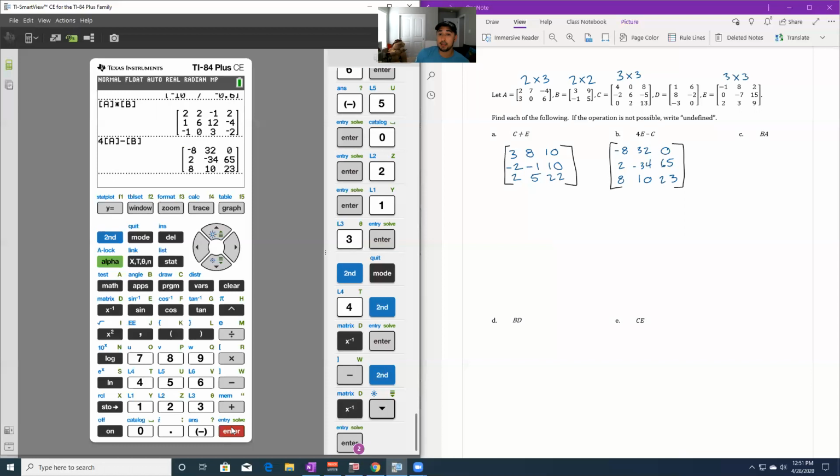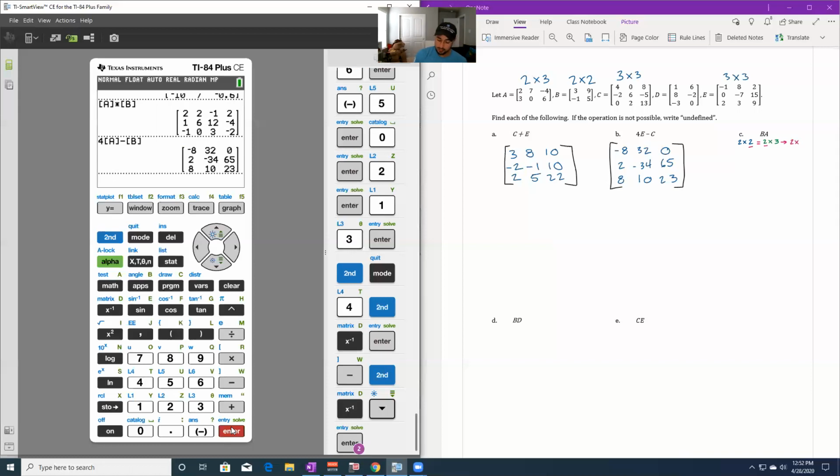Matrix B we said was 2 by 2. Matrix A is a 2 by 3. Which means these are equal, which means the end result is a 2 by 3.